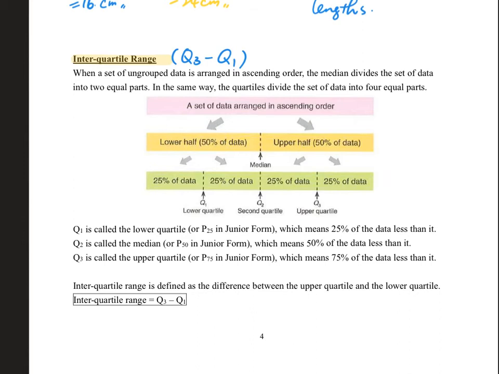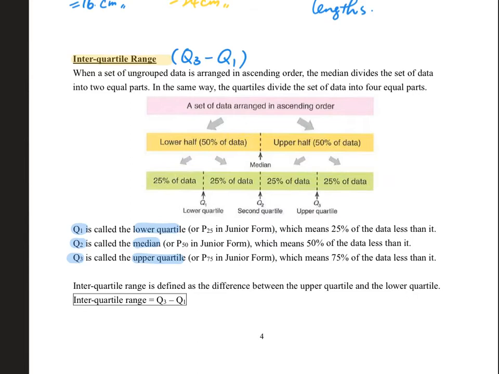You can also highlight some wording: Q1 is called the lower quartile, Q2 the median, Q3 the upper quartile. These are the three main values you need to remember by yourselves.